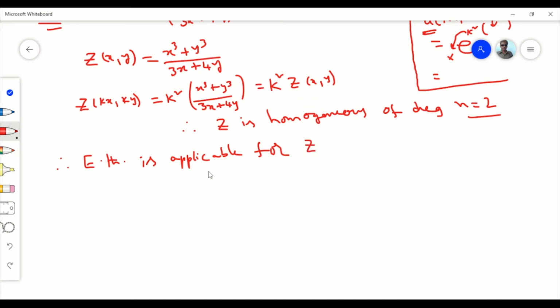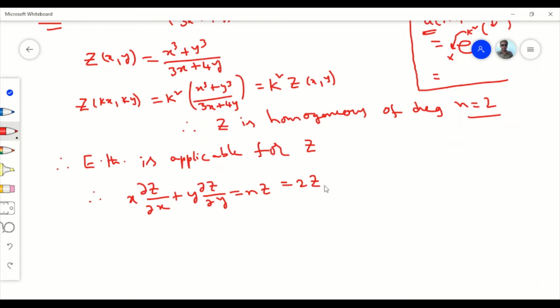So therefore x dou z by dou x plus y dou z by dou y must be nz. This is 2z because n is 2. So just by applying Euler's theorem in one line, we got this answer equal to 2z.